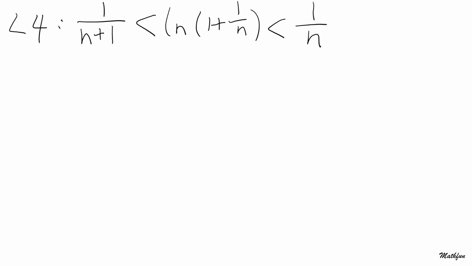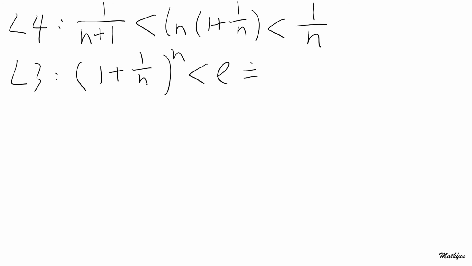So how do you prove that? Well, we take L3. You remember L3? L3 just now is 1 plus the reciprocal of n to the power of n. That one's smaller than e, isn't it? Let's take natural log on both sides.